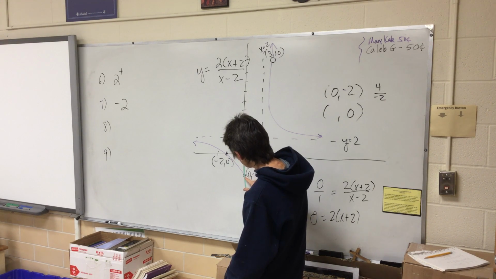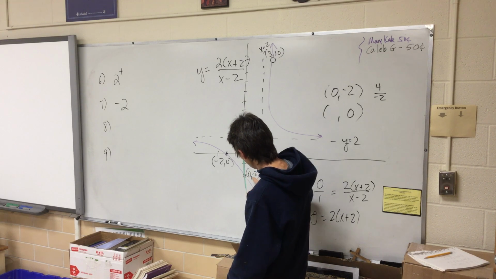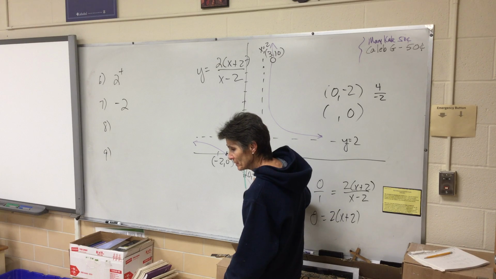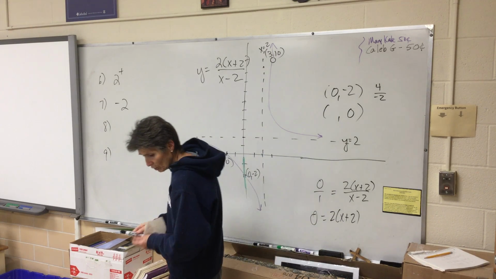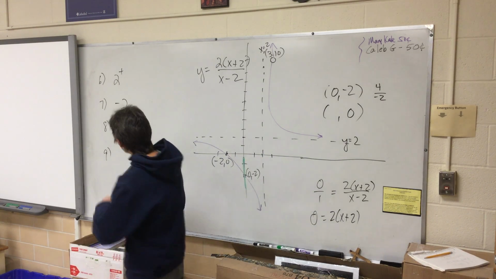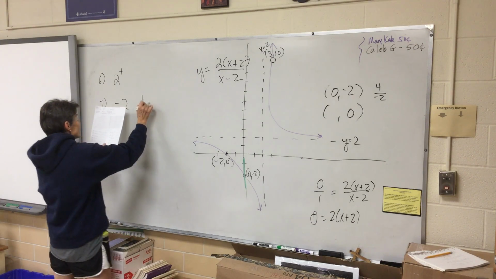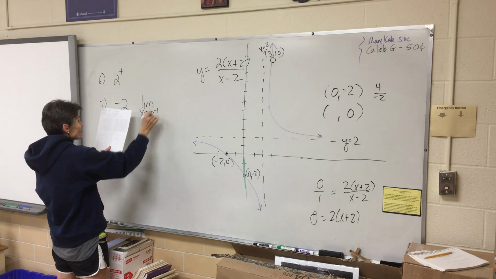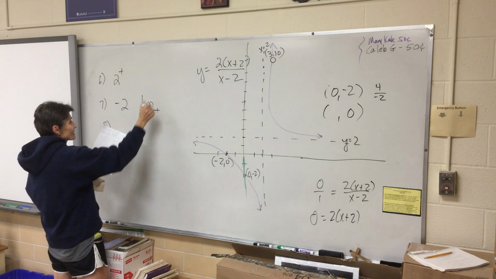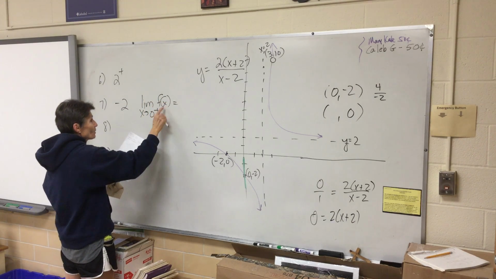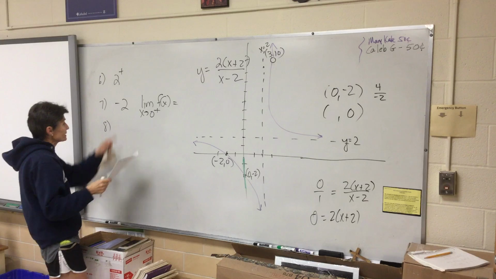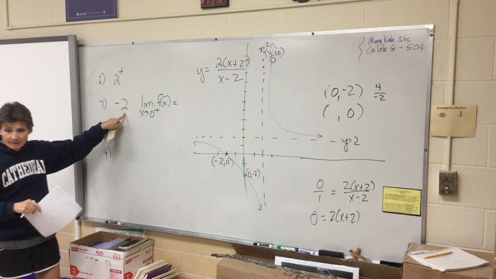And as I'm getting closer and closer to the green line, my y values are getting closer and closer to -2. And if you look at the problem, that is what it is saying. It is saying what happens as x does this, what happens to y? Well, it gets closer to -2.